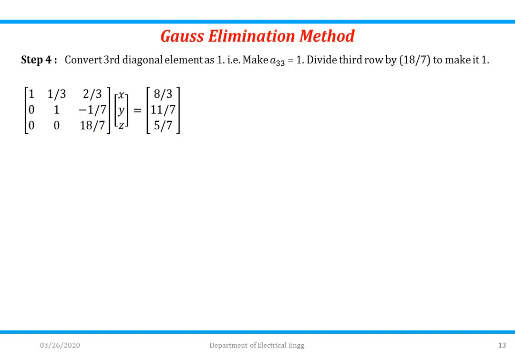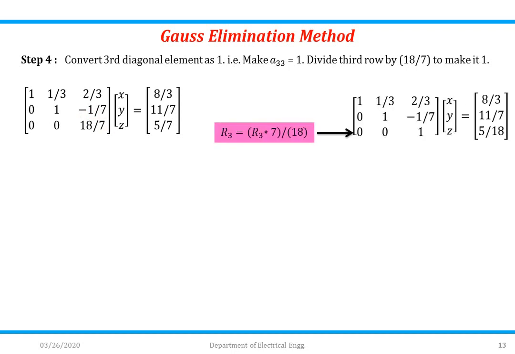R3. Therefore here I have written R3 equals R3 into 7 by 18. R1 and R2 elements keep as they are. So when I multiply 18 by 7 by 7 by 18, this will be 1.